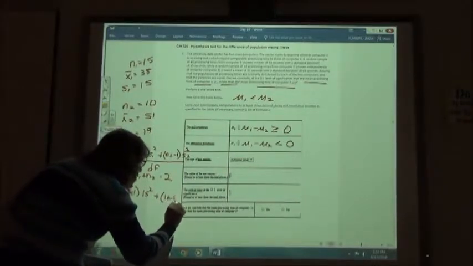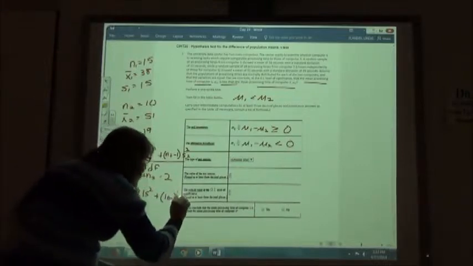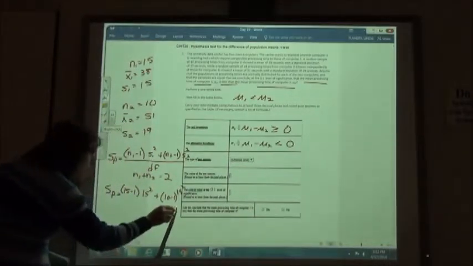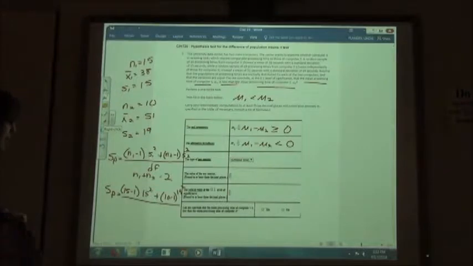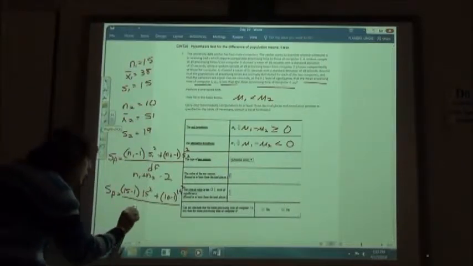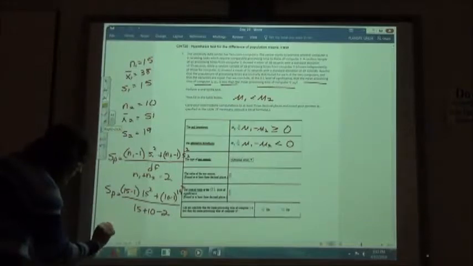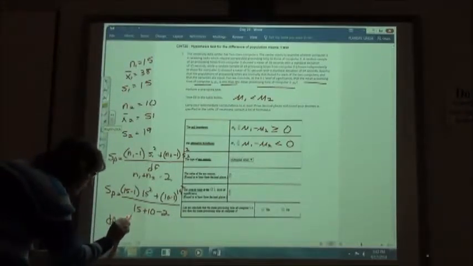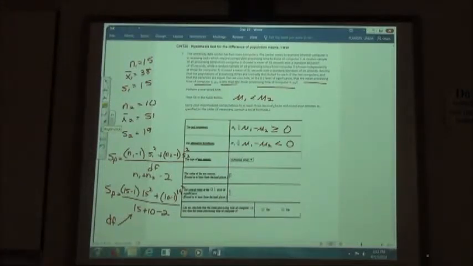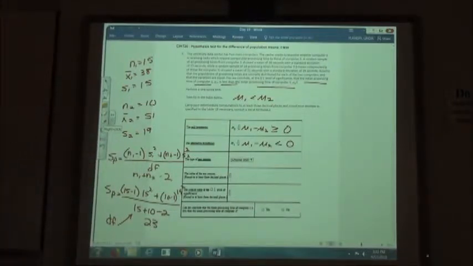So 10 minus 1 times my standard deviation, which is 19, so 19 squared, if I sneak that in behind there. And then my degree of freedom is going to be N1 plus N2, so 15 plus 10 minus 2. That would be 25 minus 2, which I'm just going to go ahead and calculate as 23, right?